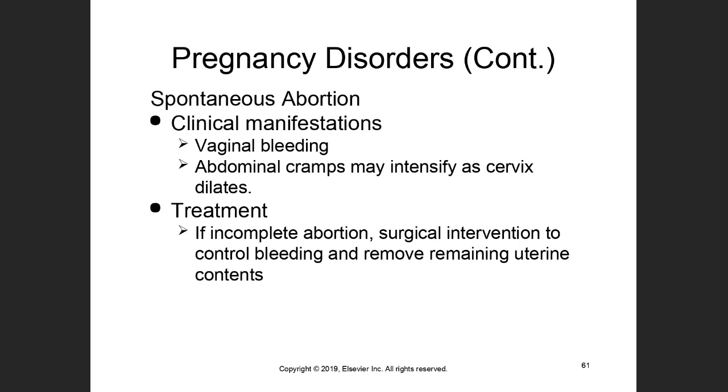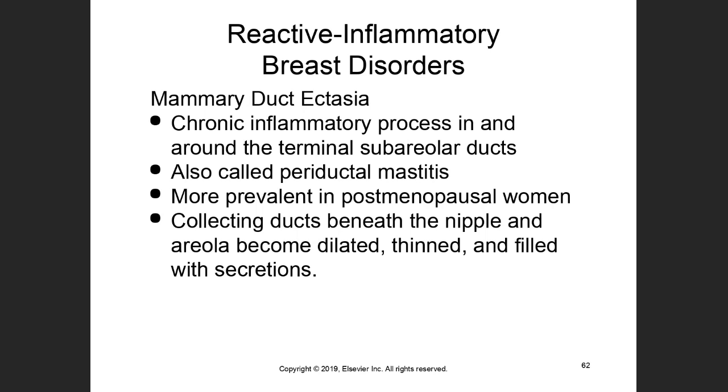Let's keep going. Mammary duct ectasia is a chronic inflammatory process in and around the terminal subareolar duct, also called periductal mastitis. More prevalent in premenopausal women, the collecting ducts beneath the nipple and areola become dilated, thinned, and filled with secretion.